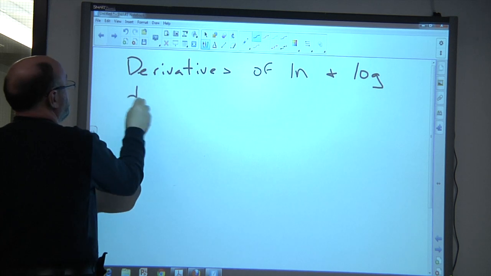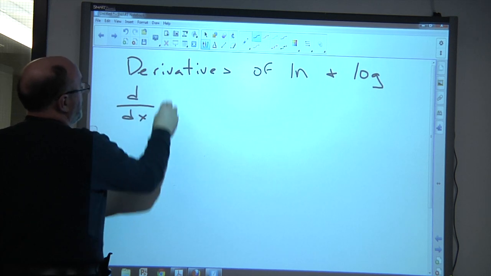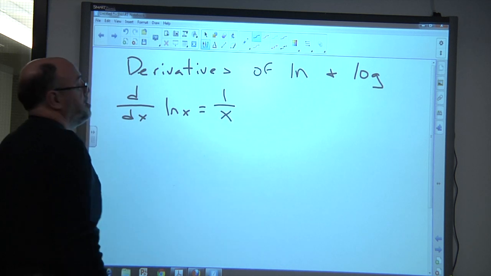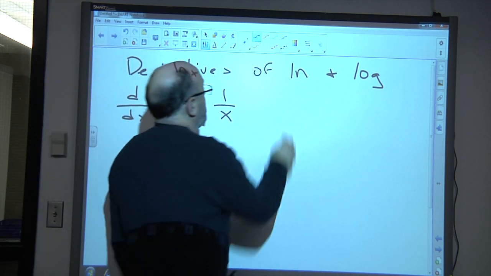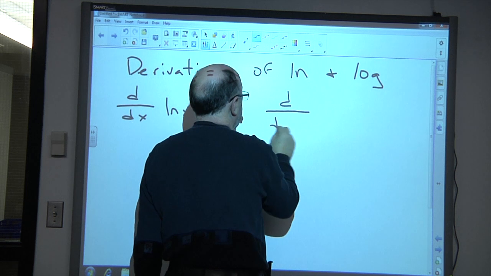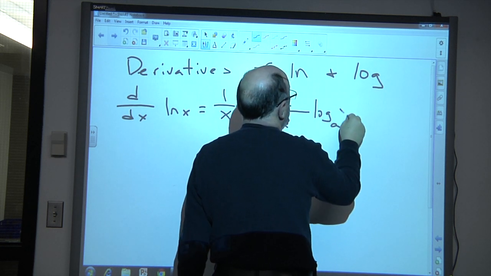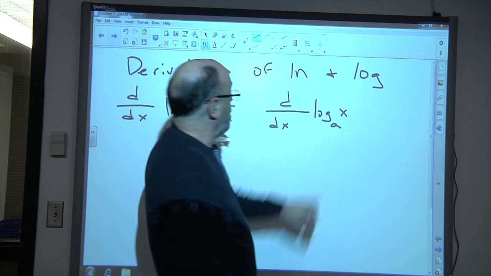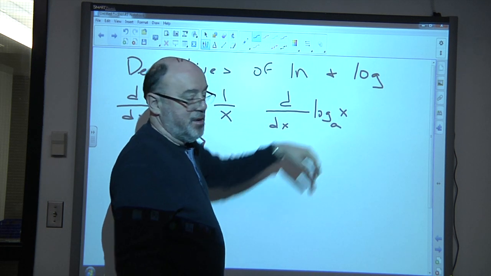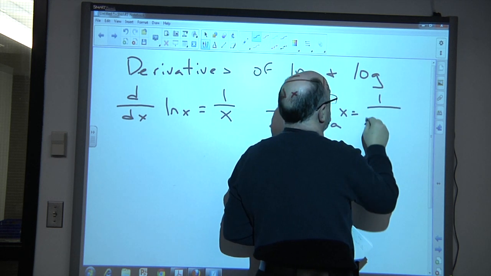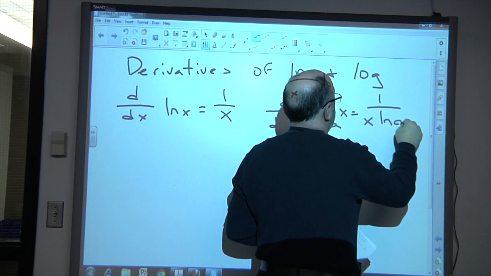So the derivative of natural log, d dx of ln x, is 1 over x. And the derivative of log base a. So this could be log any base, whatever that number is. Okay? And this will be 1 over x natural log of a.